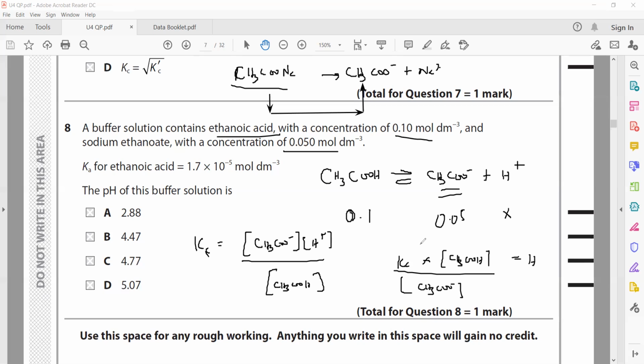Just substitute the values: Ka is given, the concentration of acid is there, the concentration of salt is there. After finding hydrogen ion concentration, use pH equals minus log of hydrogen ion concentration. So what will be the answer when you substitute the values? 4.47. B is the right answer.